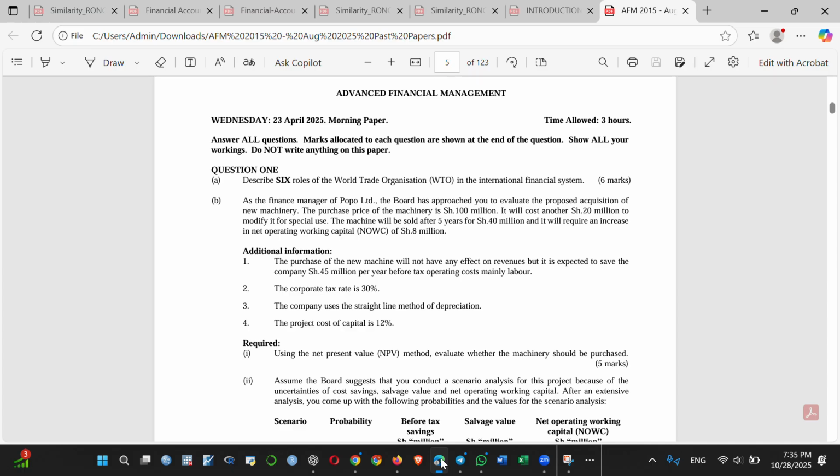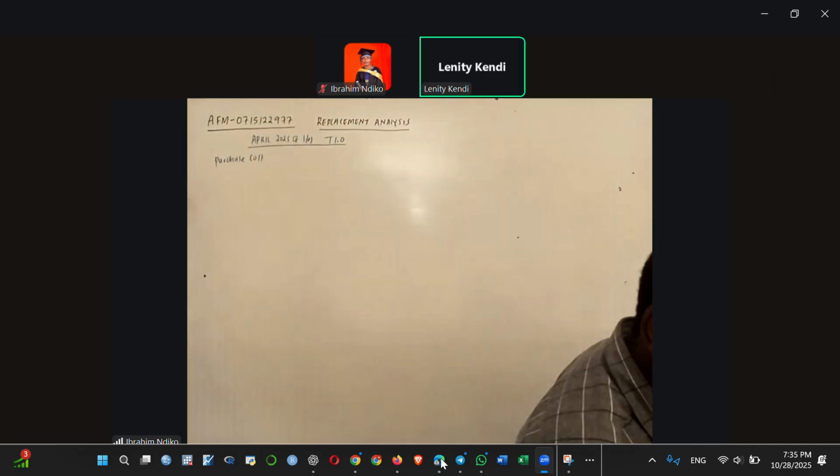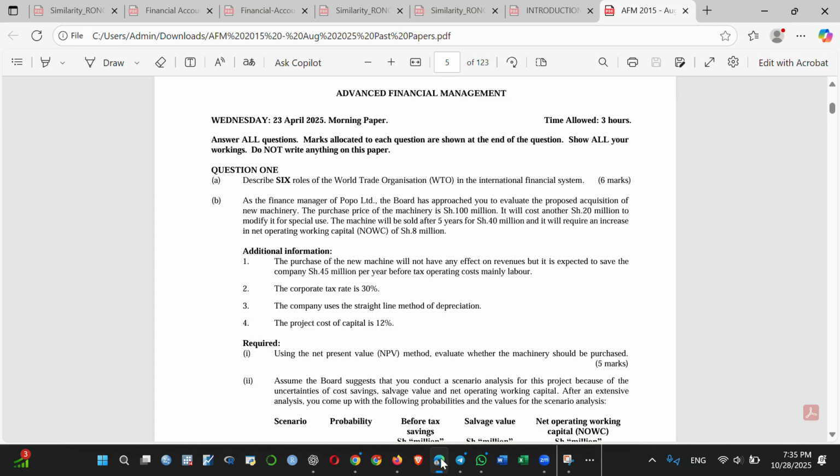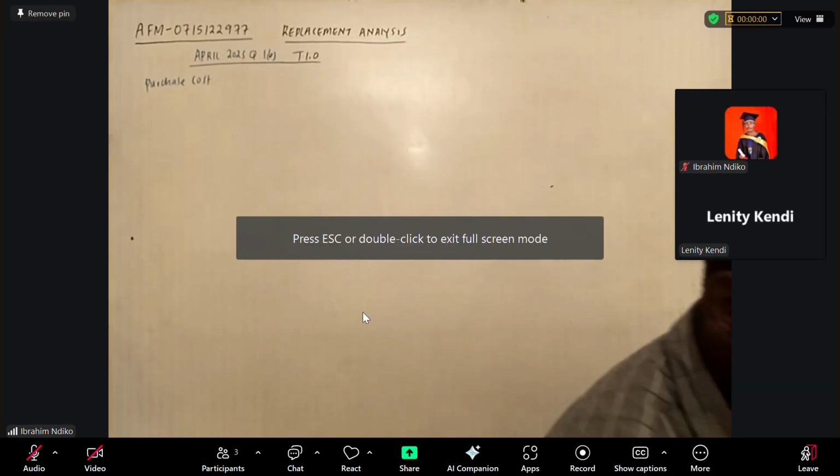So we start with the total initial outlay, TIO. Sivyo. Yes. So how much is our total initial purchase cost from the question? The purchase price for the machinery was 100 million, sivyo.